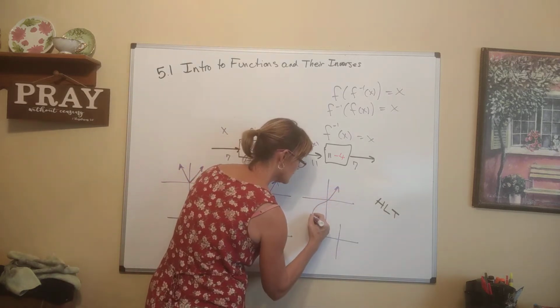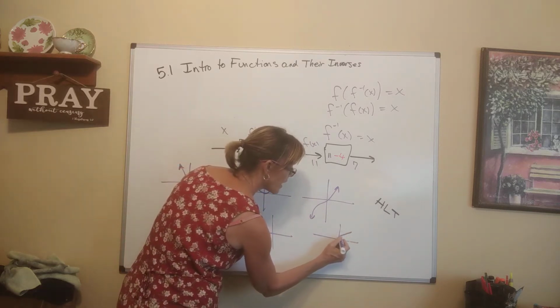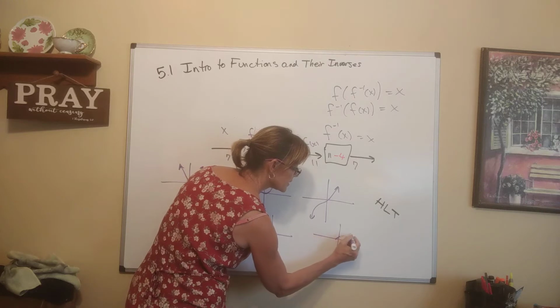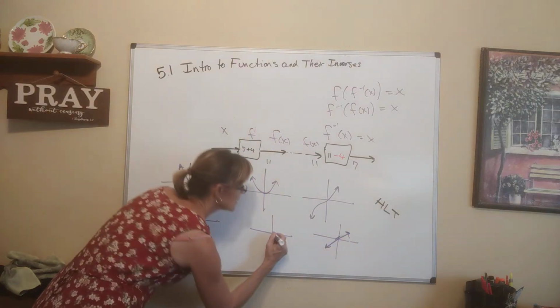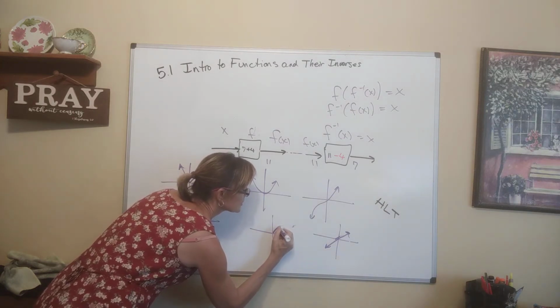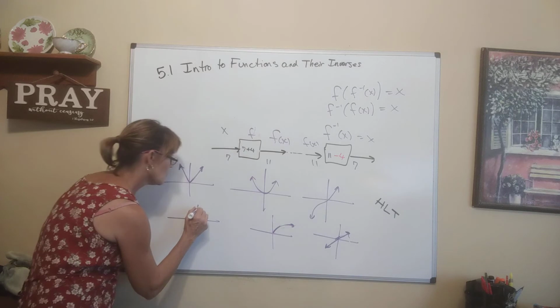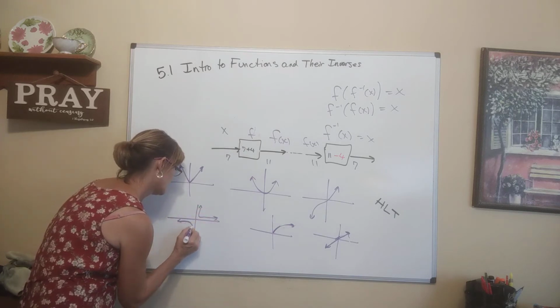This is a line, y equals x. This is the square root of x. This is 1 over x, the reciprocal function.